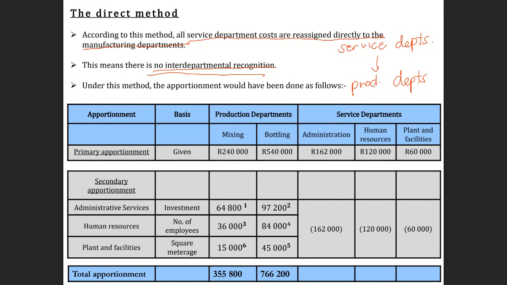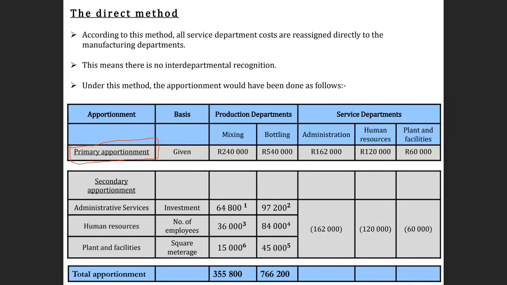You are going to draw up the table exactly as you see it up here. The first thing that you're going to start off with is the department's own cost, meaning its direct cost or its primary cost. As you can see here in the first row, we have primary costs or primary apportionment.